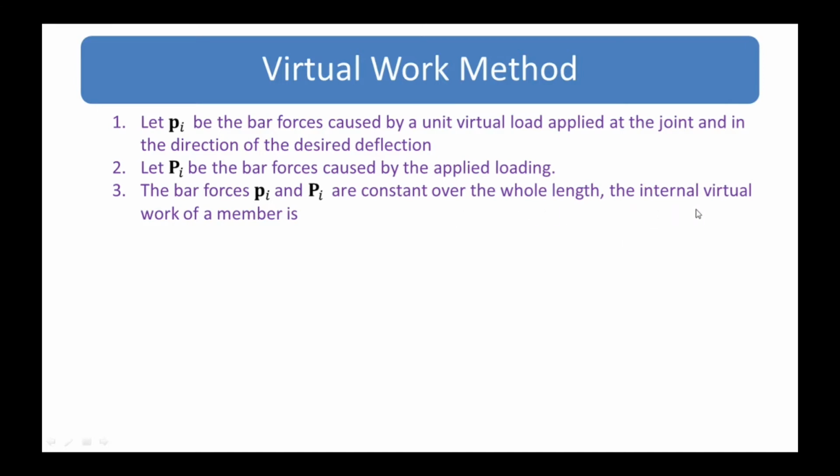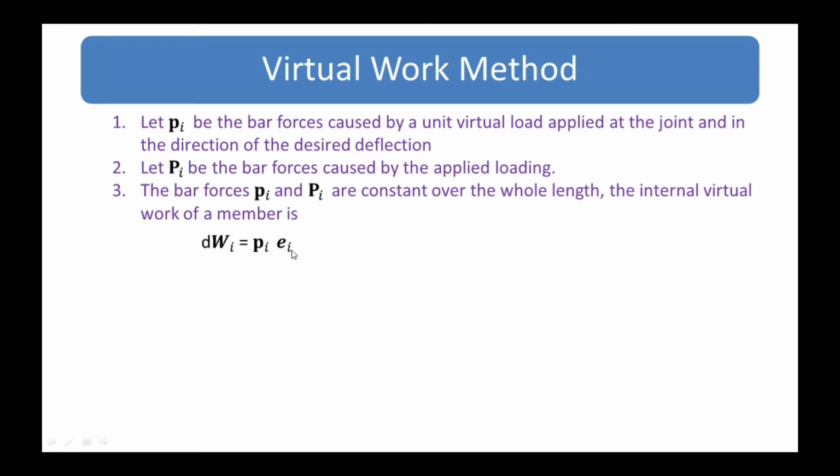So the internal virtual work of an individual member, small dWi, is equal to Pi into small pi into small ei, where small pi is the force and small ei is the displacement caused by the applied load.